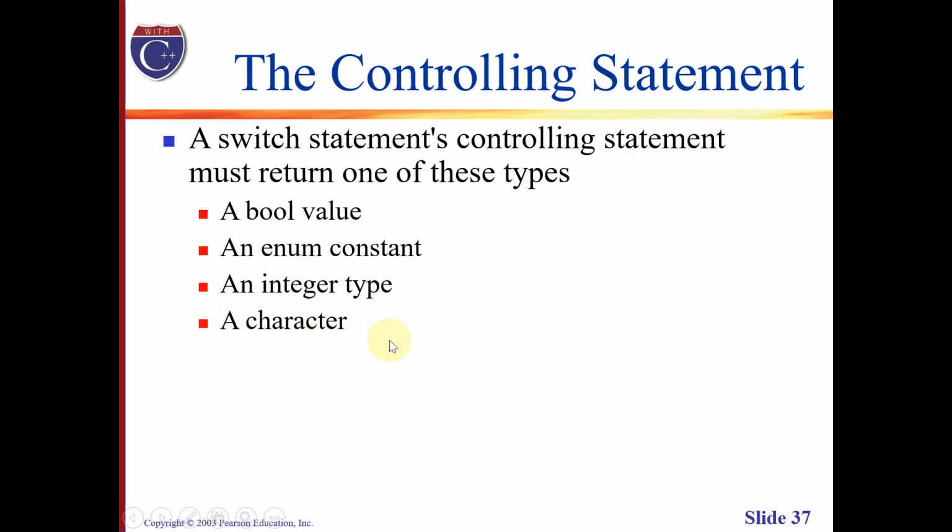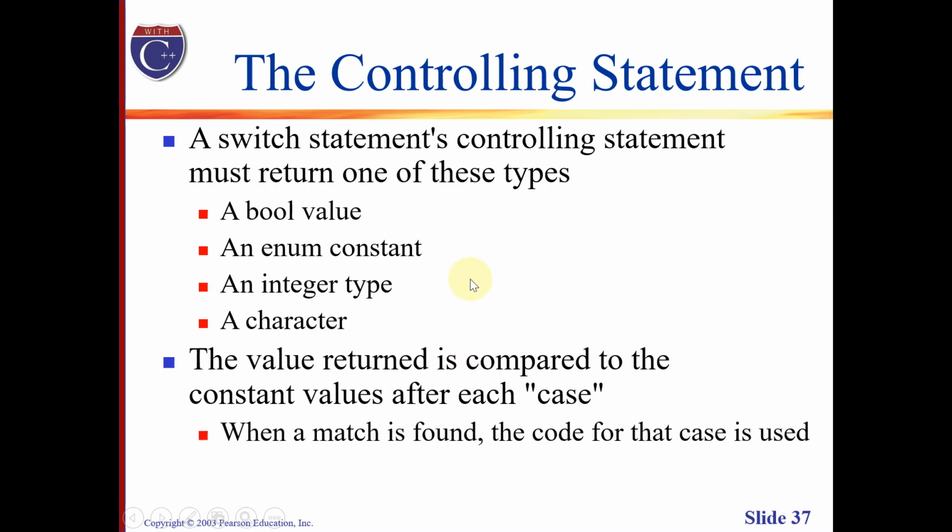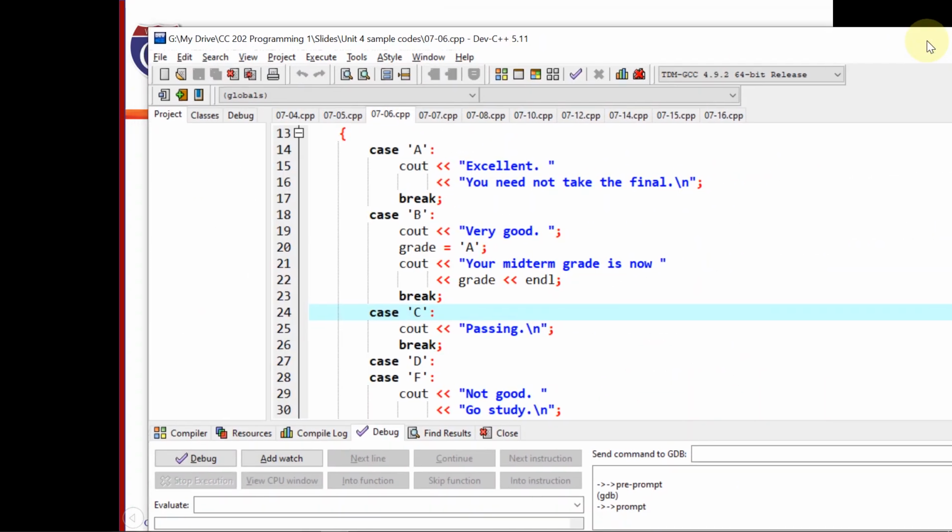We are actually using the character. Then the value returned is compared to the constant values after each case, just like what we've seen in our previous example. When a match is found, the code for that case is used, just like this one.